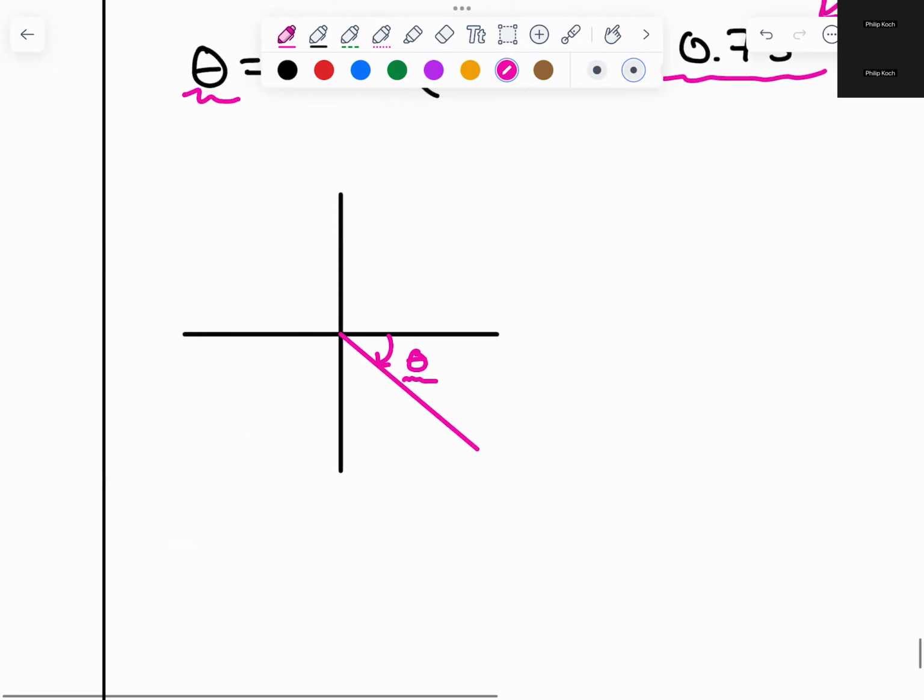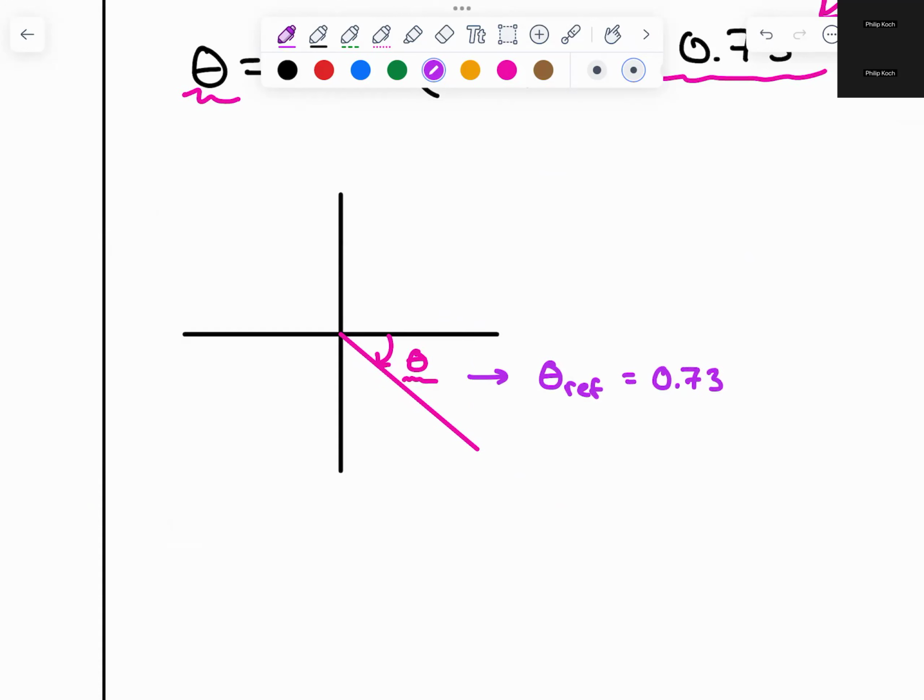But if I'm just measuring the angle of this triangle that gets formed, that's a positive angle. It's the same thing, just without the minus sign. So that implies that theta sub reference is 0.73.